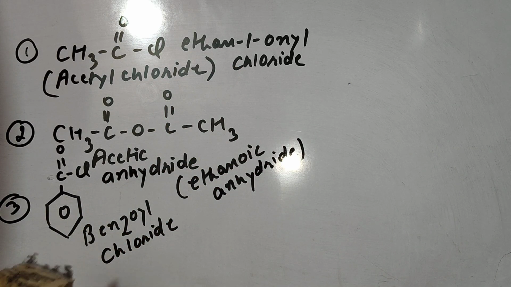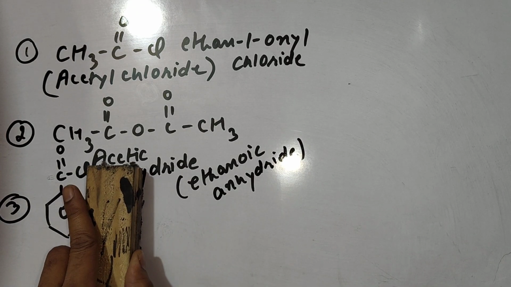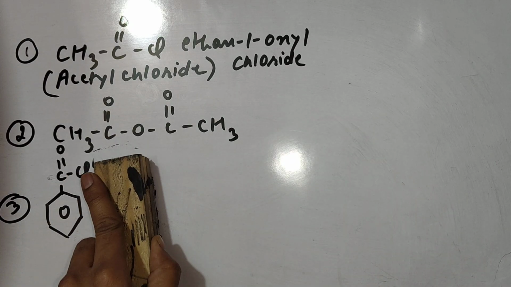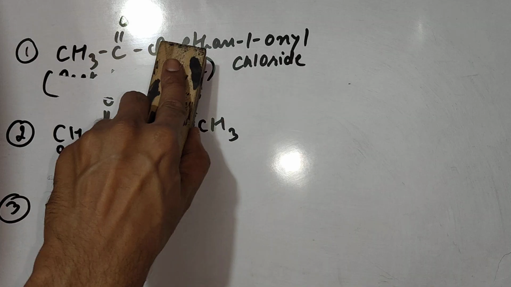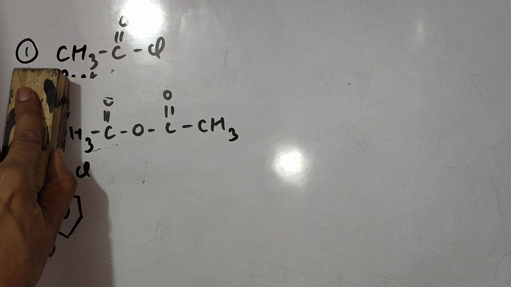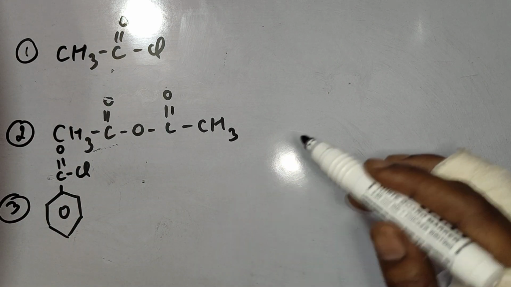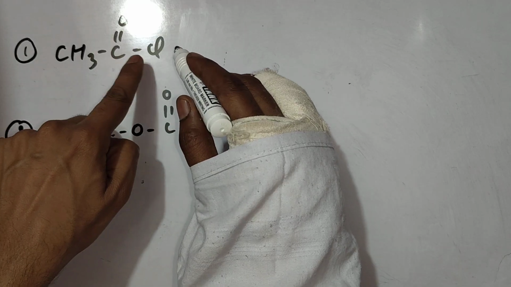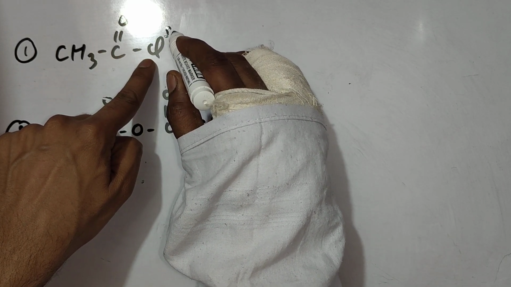First I am going to rub out their names because they are taking a lot of space. So please write down their names, IUPAC as well as common names. The very simple technique is like this: this is acetyl chloride, so first give a charge.